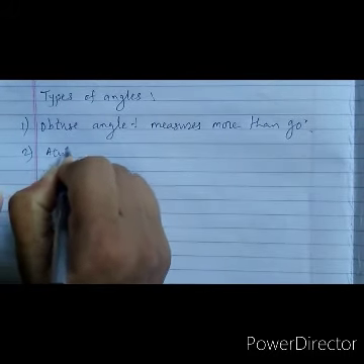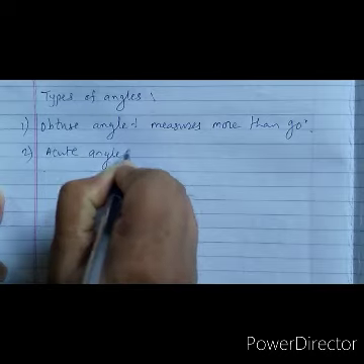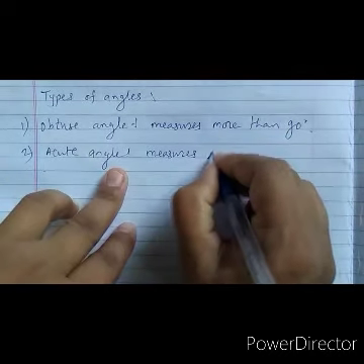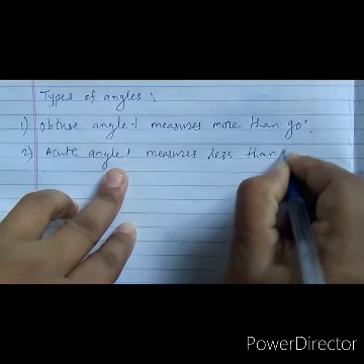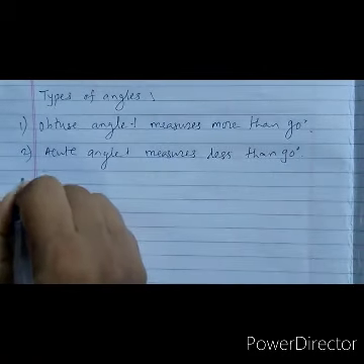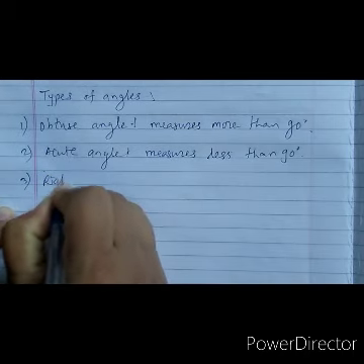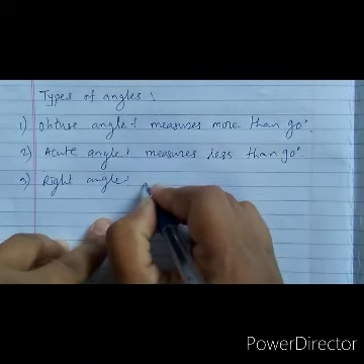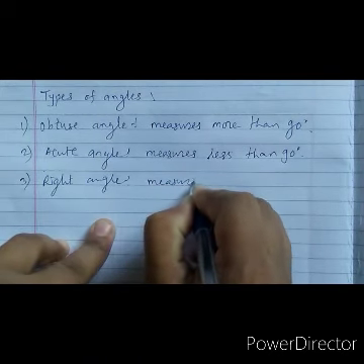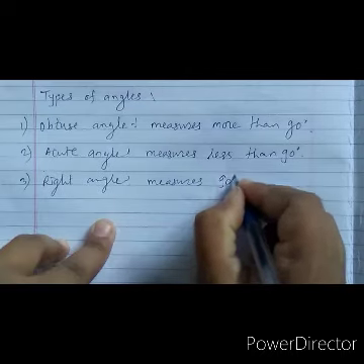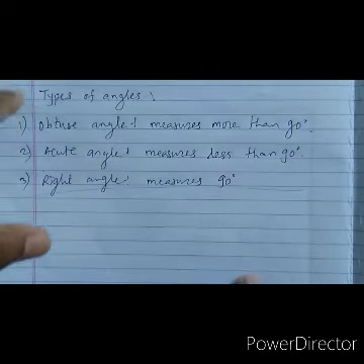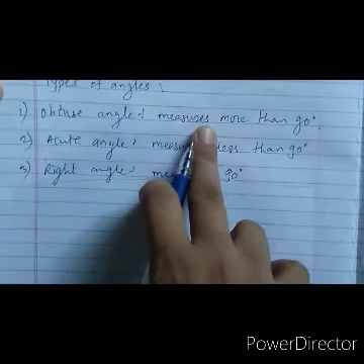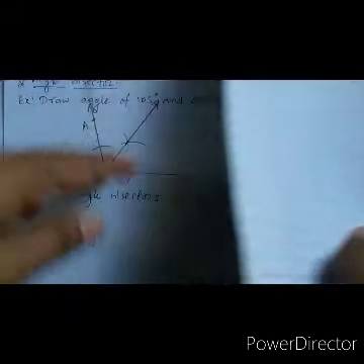Next, acute angle, which measures less than 90 degree. And number 3, right angle, which exactly measures 90 degree. So these are the types of angles. So we have to draw angle bisectors of an obtuse angle triangle. So one angle should be more than 90 degree.